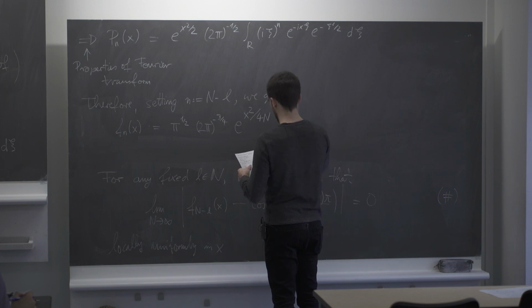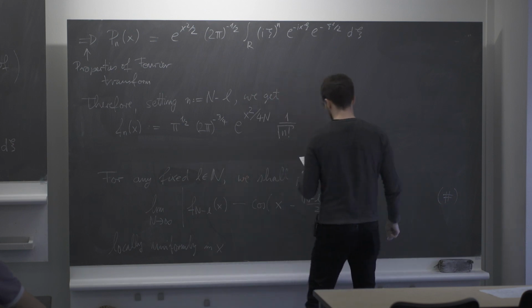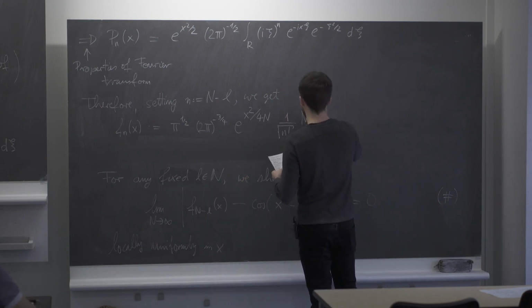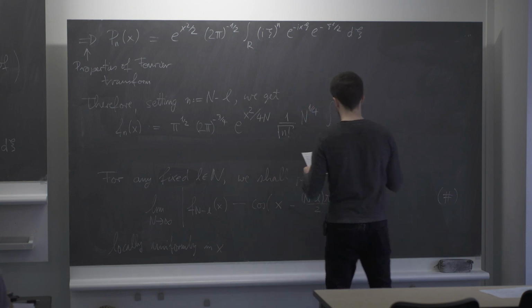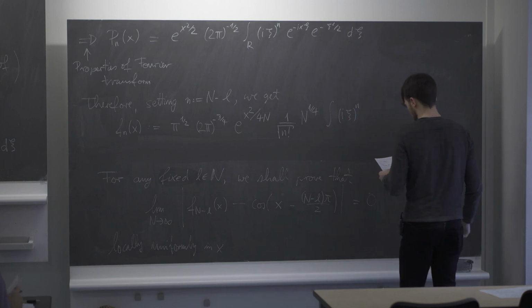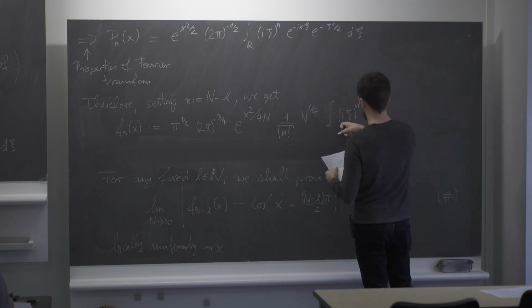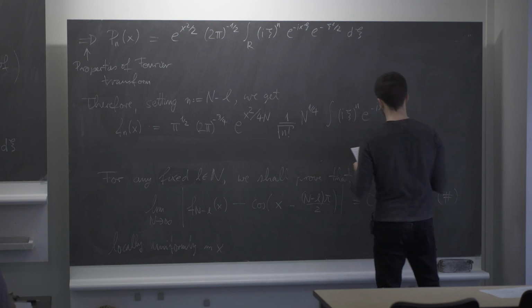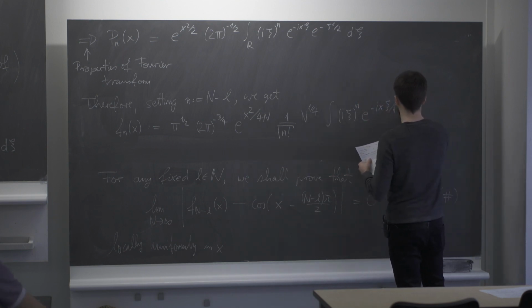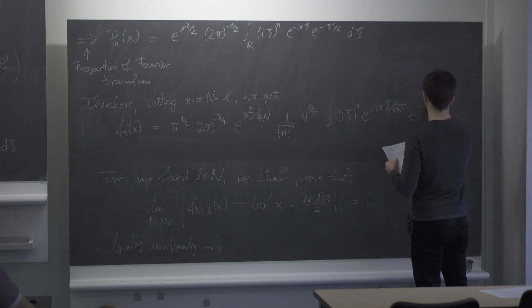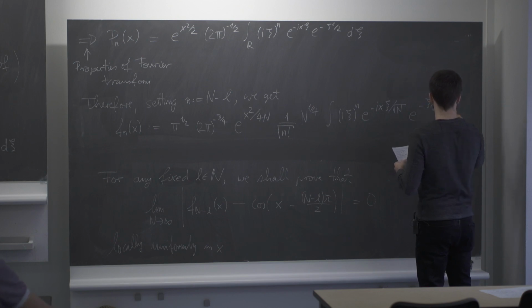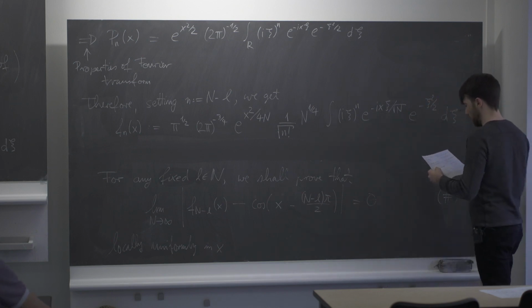And I have a 1 over little n factorial, square root n to the 1/4, integral over, now this derivative formula, (iξ)^n e^{ixξ/√n}. That comes from the rescaling of the x, e^{-ξ^2/2} dξ. Okay?